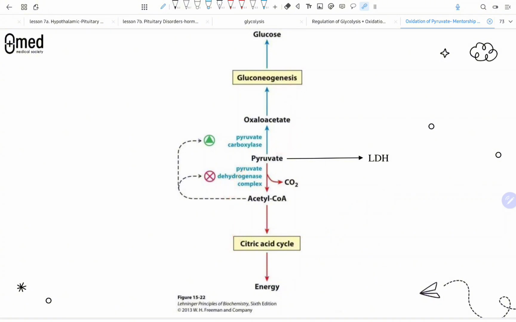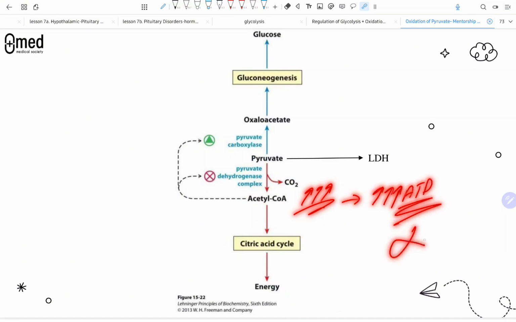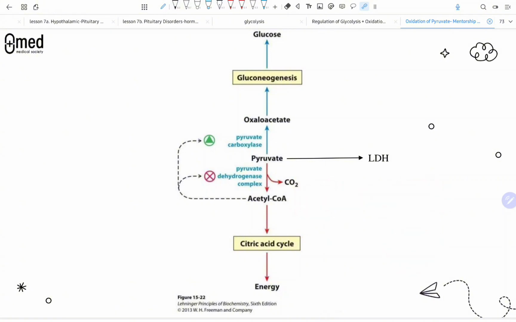And that is entirely dependent on the concentration of acetyl-CoA. The more acetyl-CoA you have, the more ATP the cell has. This indicates that the cell does not want any more ATP or energy. So, of course, PDH is going to be inhibited. Why? Because PDH converts pyruvate to acetyl-CoA, which is then energy, or ATP, as you can see right here.